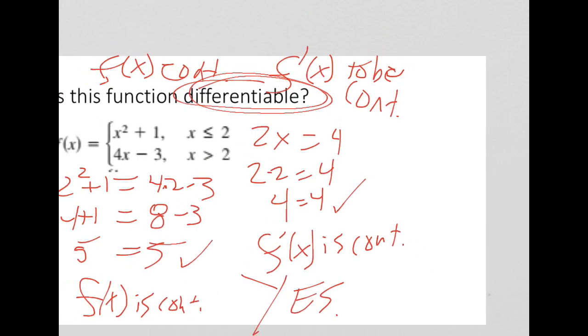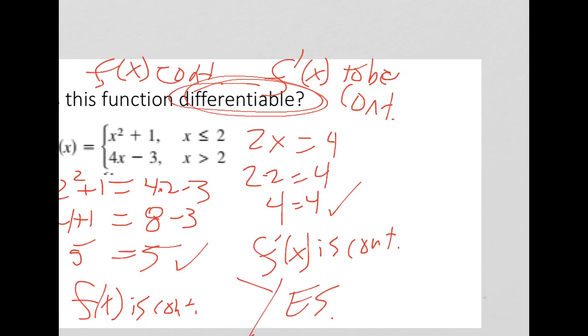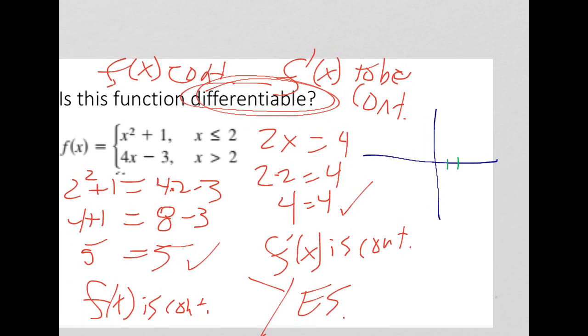So compare that to this thing, where we have x squared plus 1 to the left of the x value of 2. So x squared plus 1, we found they're going to have the y value of 5. 1, 2, 3, 4, 5. So we know that that point is right there. X squared plus 1 is going to look like that to the left of there.